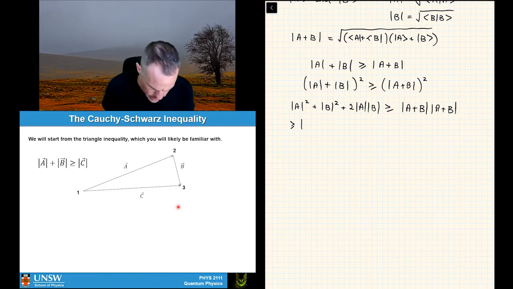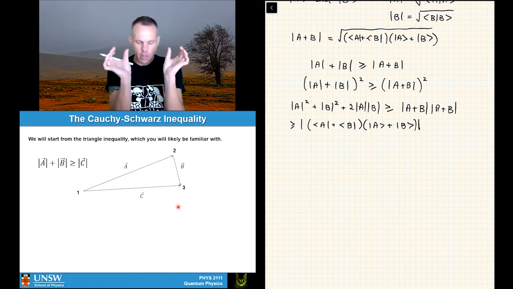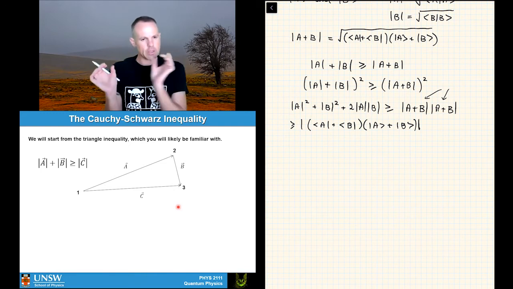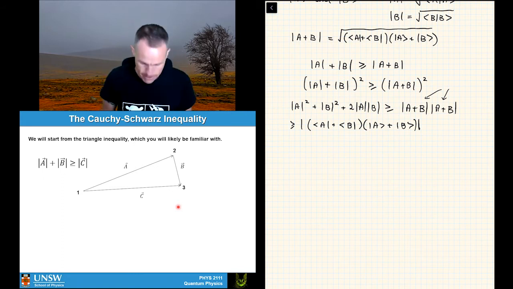So this is going to be bra A plus bra B, ket A plus ket B. And so you can see already what we're doing here is more or less treating these things this time, rather than just being real vectors, as complex vectors where we need to start caring about the conjugates properly, okay?